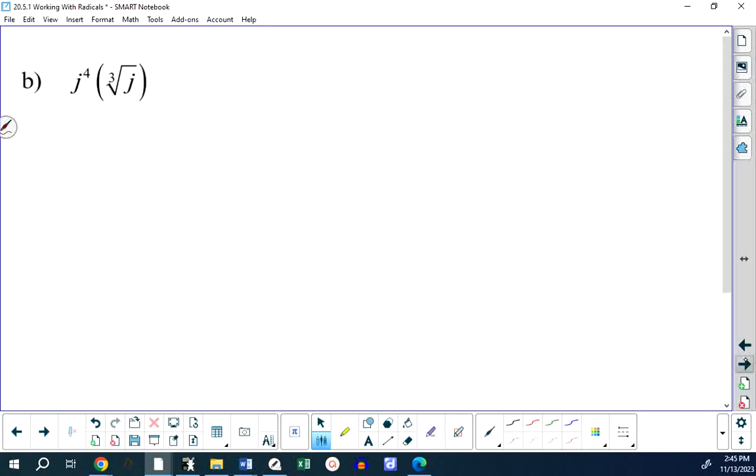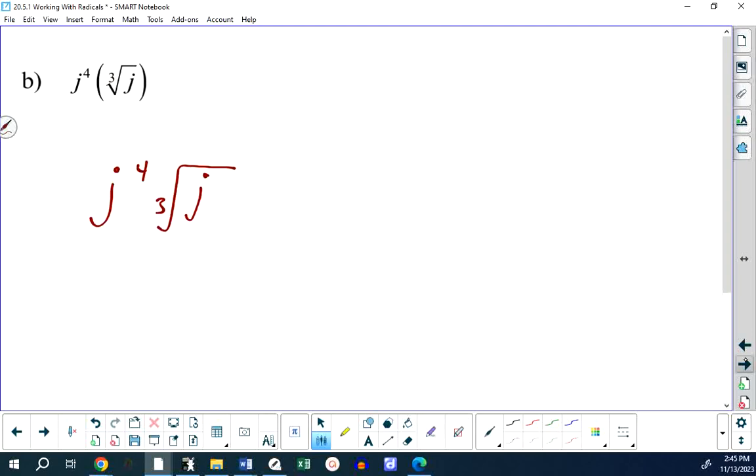J to the 4, cube root j. Let me rewrite it. It's j to the 4 cube root j. How many of you see it's j to the 13 underneath the square root?